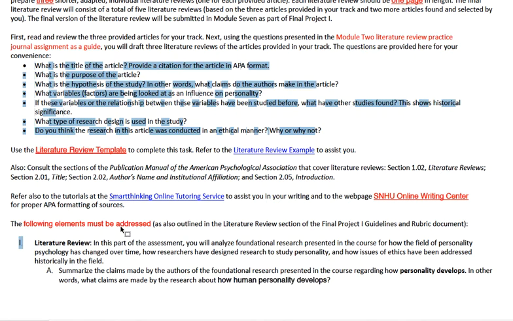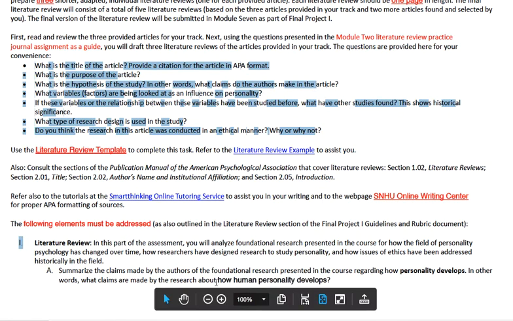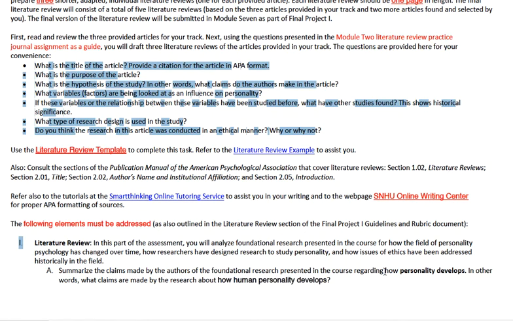I'm going to just review them and highlight specific information within each one. So for the first one right here, you're going to discuss how personality develops. The research presented in the course is referring to the research articles that you're reviewing. Within those articles, how does it explain the development of personality?